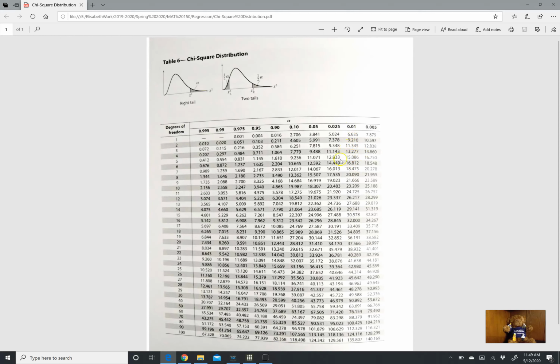Okay. Again, the chi-square distribution, you're never looking for numbers within the chart like you are with the normal distribution, with the z-score chart, right? Here, you're only looking at the column and the degrees of freedom. It works very similarly to the t distribution. Okay, so it's 13.277.